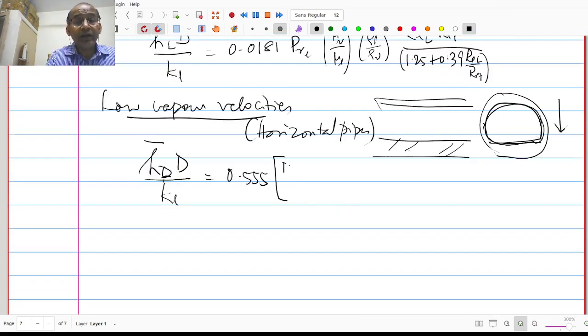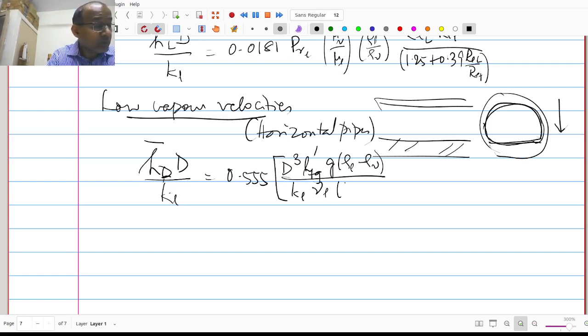0.555 multiplied by D cube into HFG prime into G multiplied by rho L minus rho V divided by KL into nu L into T sat minus T wall, whole thing raised to the power of 1 by 4.